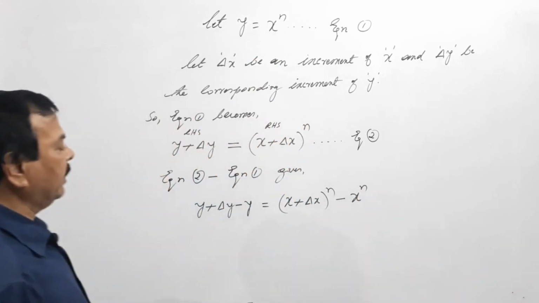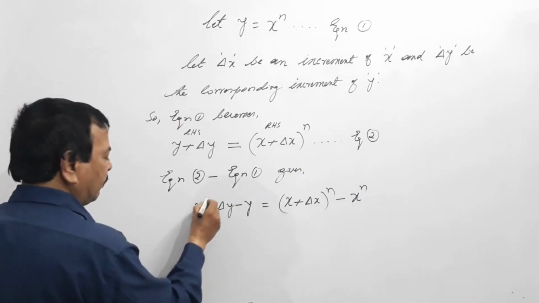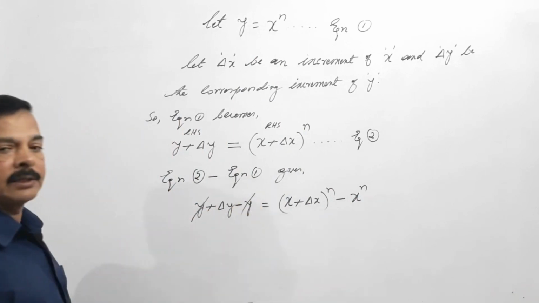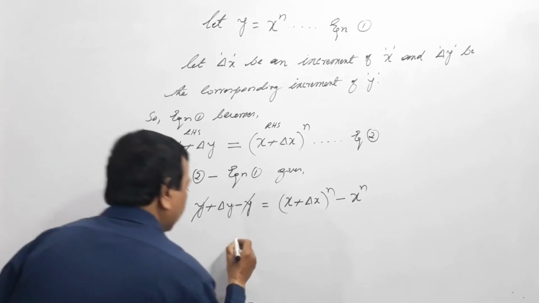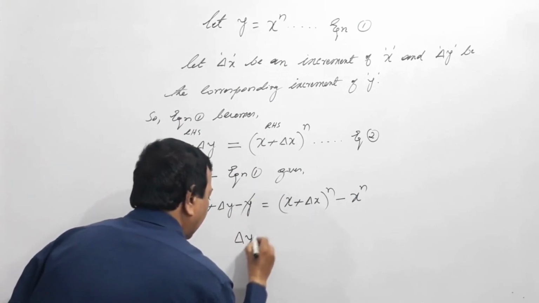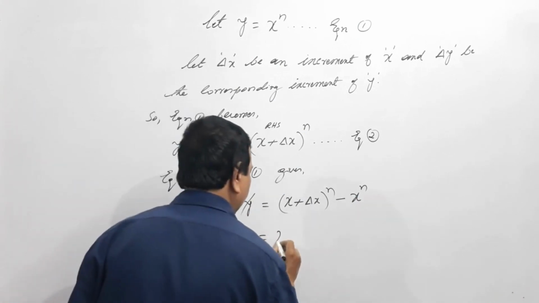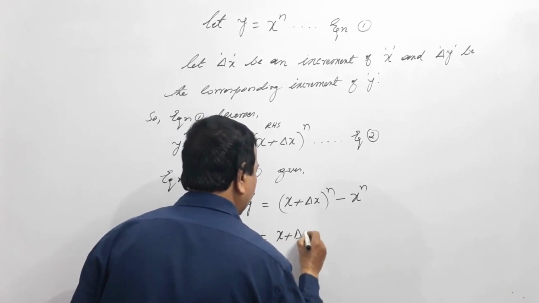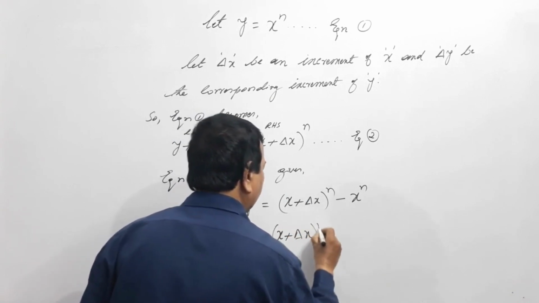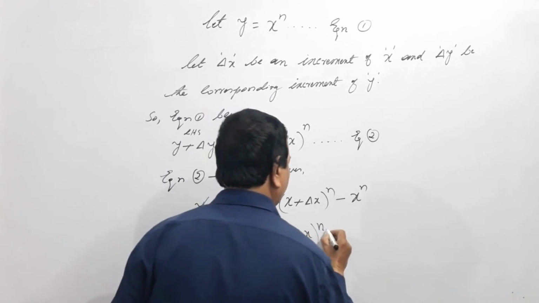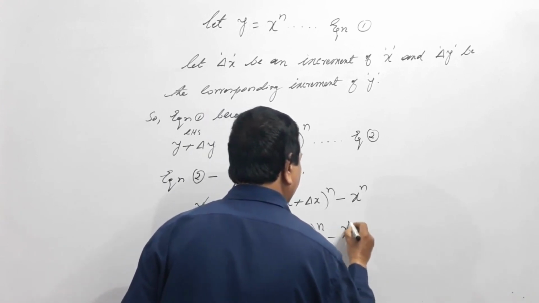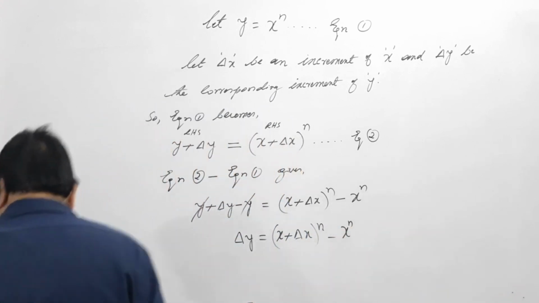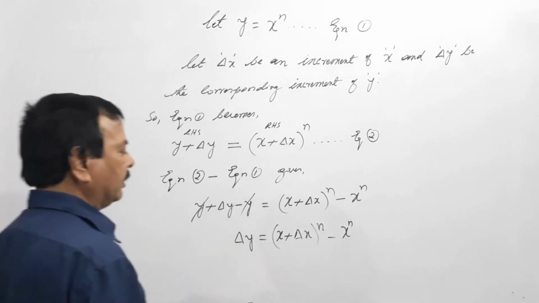So what happens here? Y minus y cancels. You are left with delta y equals x plus delta x to the power of n minus x to the power of n.